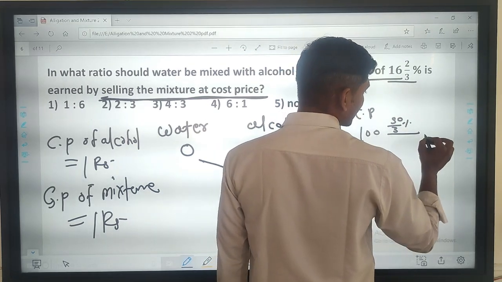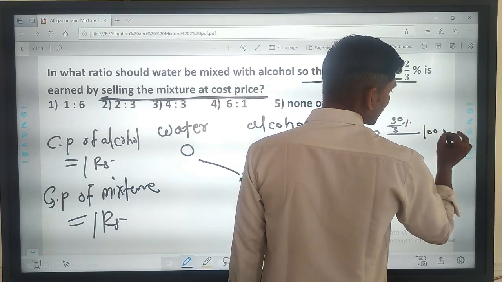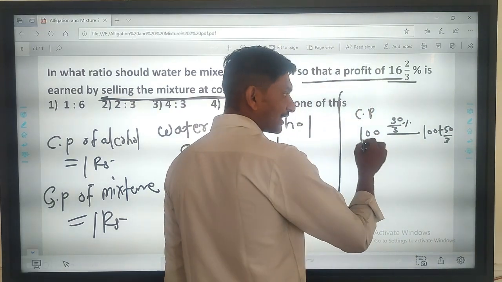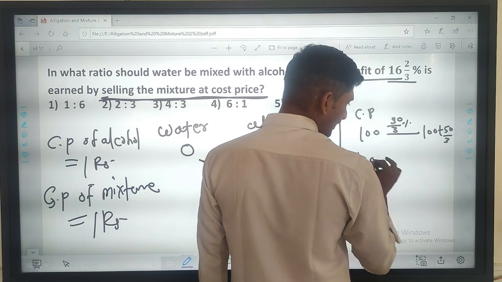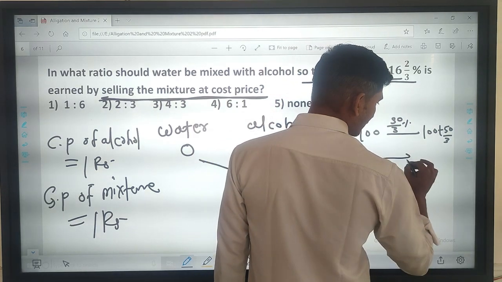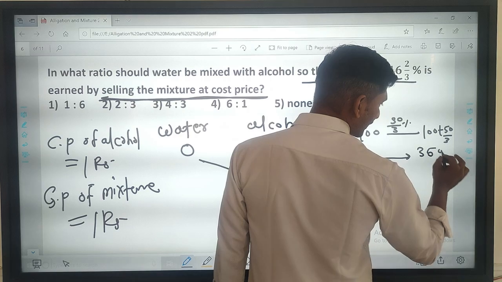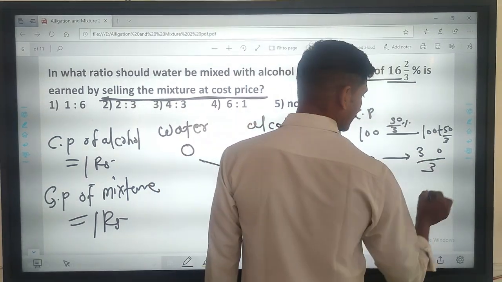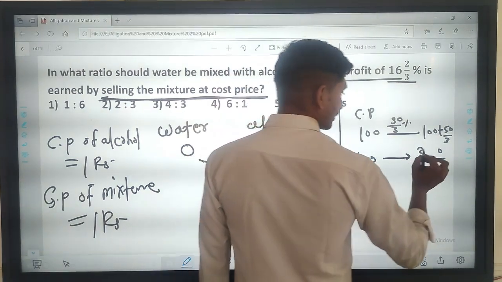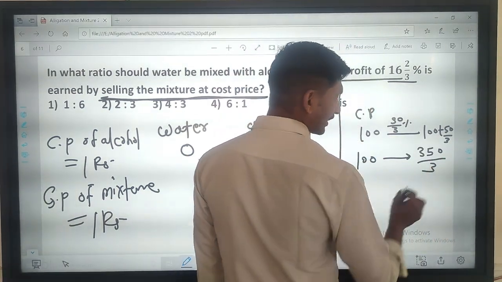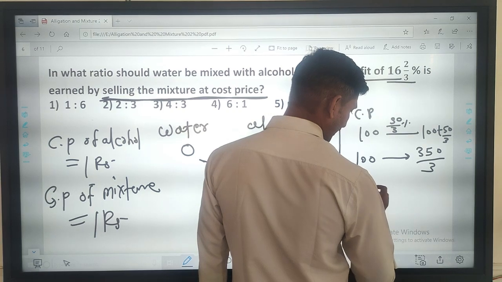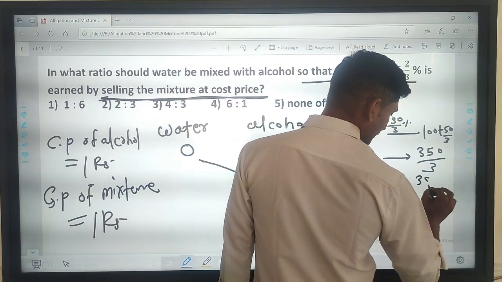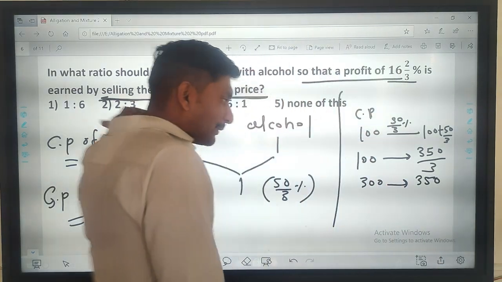Now we write 100 plus 50 divided by 3, which is 350 divided by 3. Then cross multiply: if CP is 300, then SP is 350.